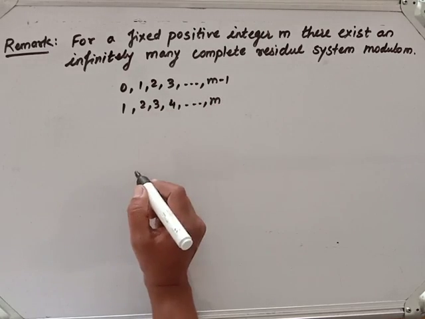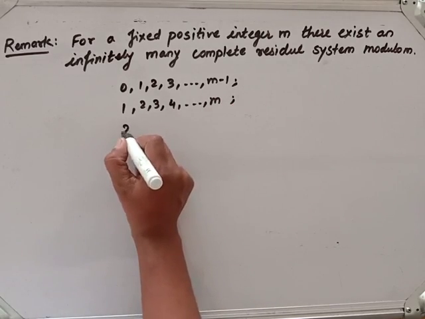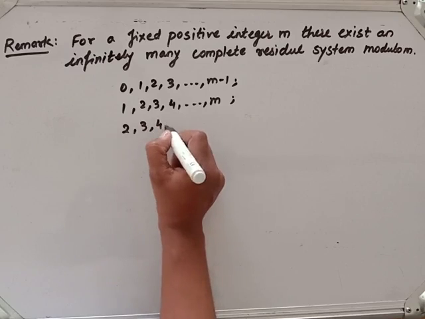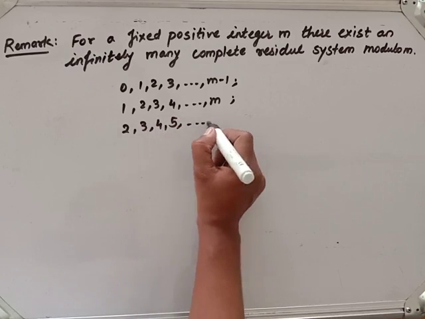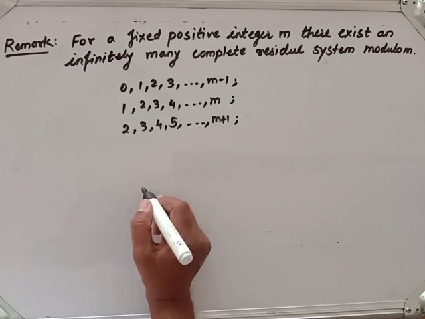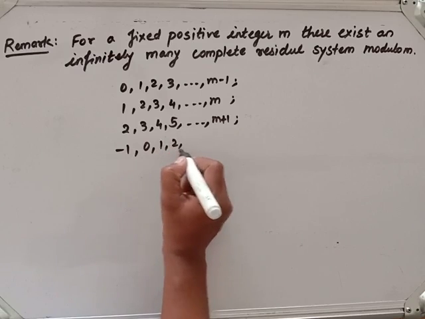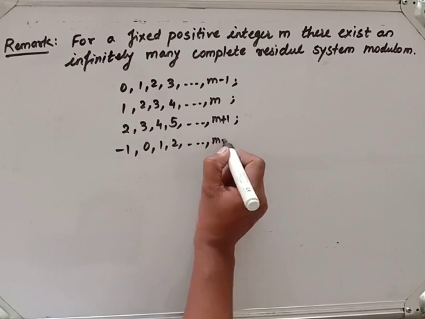This is also a complete residue system modulo m. Fine. Also I can take 2, 3, 4, 5 and so on up to m plus 1. This is also a complete residue system. I can say -1, 0, 1, 2, and so on up to m minus 2.